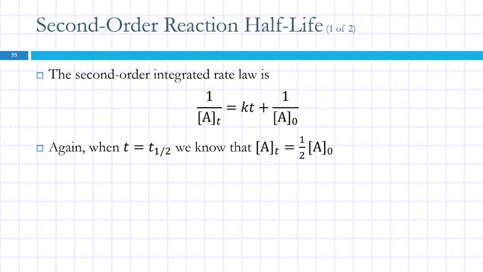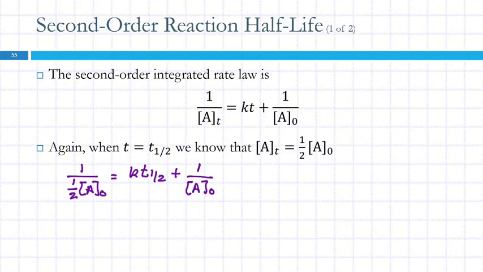Second order rate law. Here's our integrated rate law. Again, we can find the equation for the half-life by recognizing that A_t is equal to 1/2 of A0. So this is 1/(1/2 A0) = K T1/2 + 1/A0.